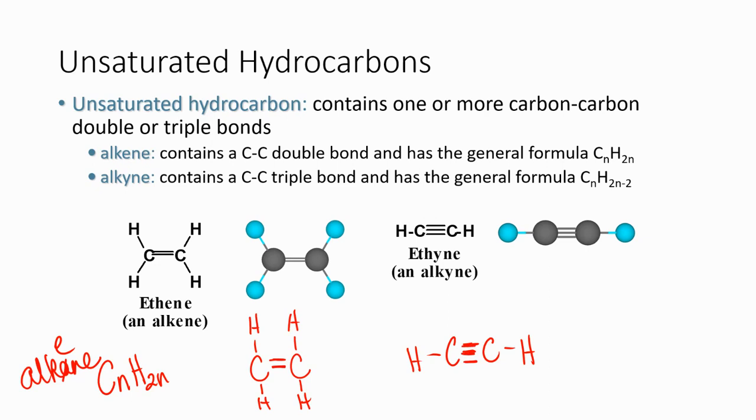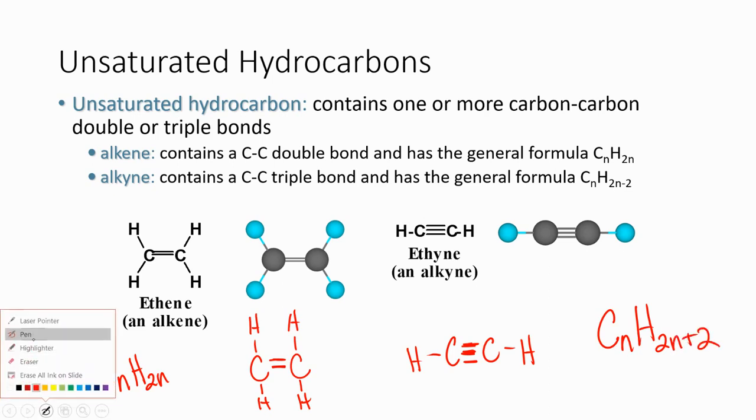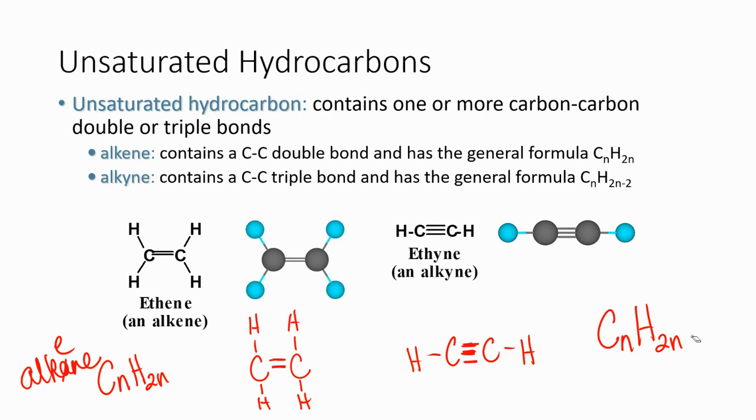And so now, not only have we erased the plus 2 hydrogens that a normal alkane would have, we've also taken away 2 more hydrogens. So our alkyne formula is CnH2n minus 2 because we have to subtract 4 hydrogens from an alkane to get all the way to an alkyne.